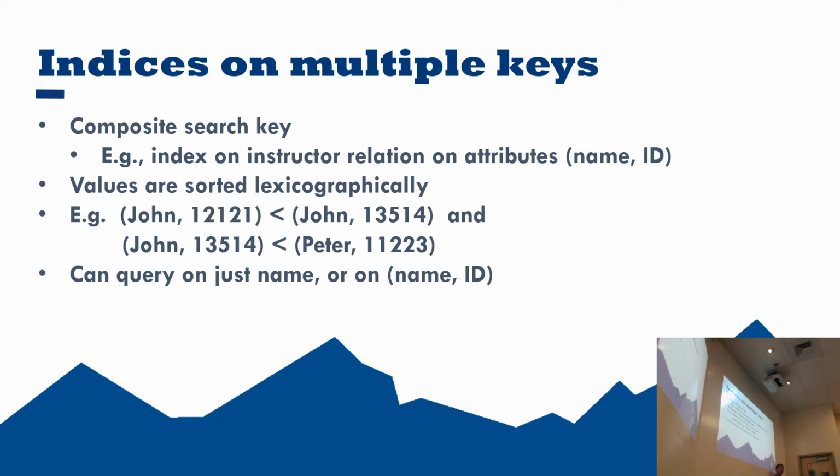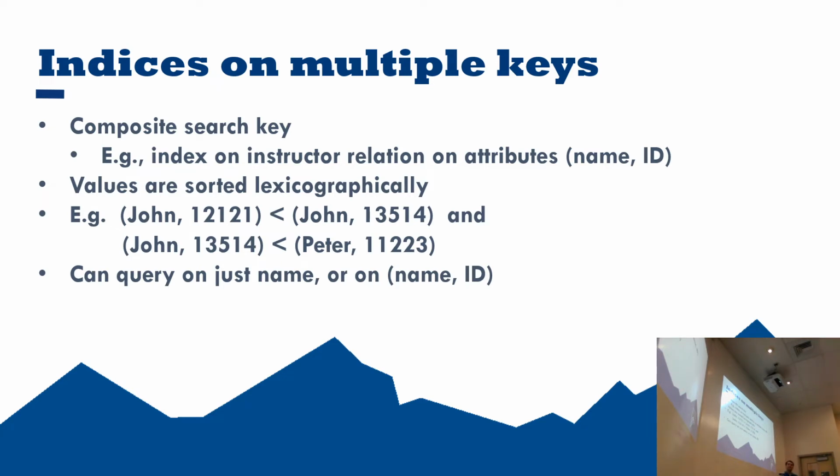So see, here's the example. We've got three people named John. What's happening is it's sorting first by the first column, which is what? The name. So John comes before Peter, does it not? If you were to sing the ABCs, you get to J before you get to P. Take my word for it, or you can sing the ABCs. It's up to you.